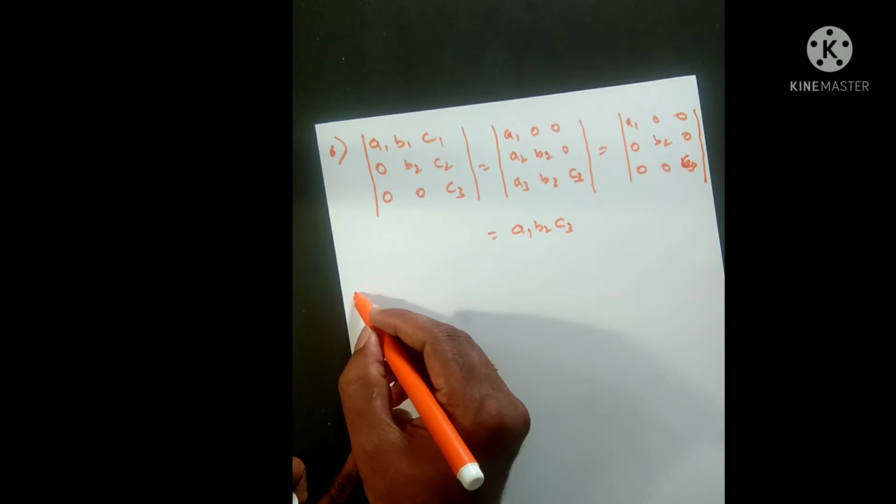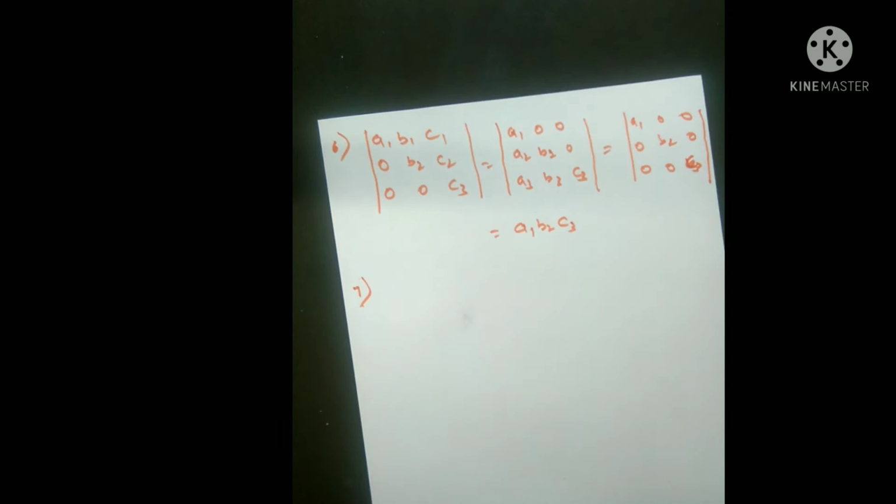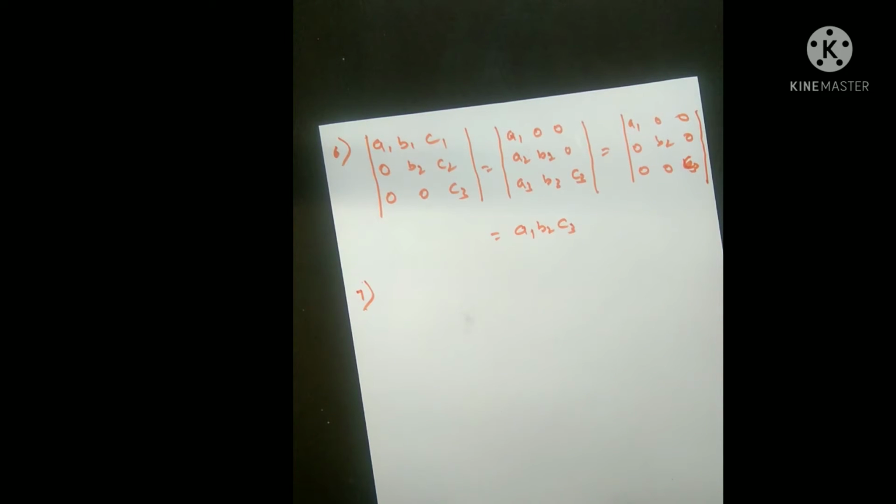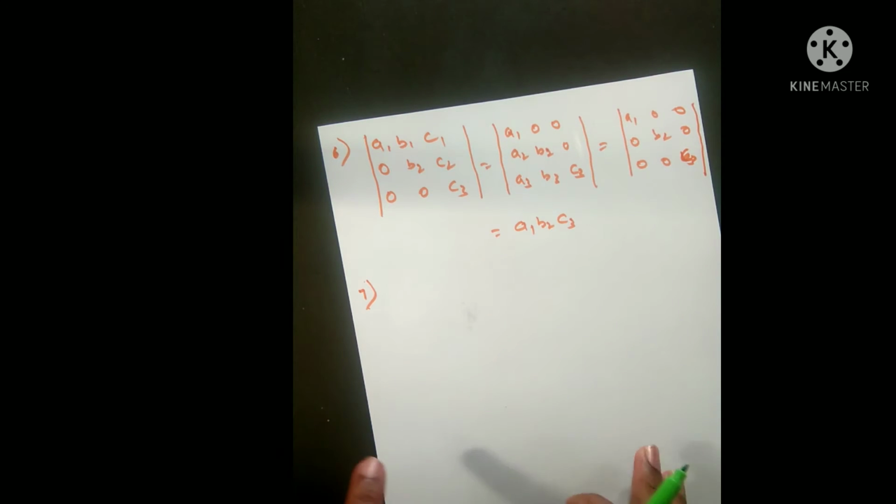Next, seventh property. If a determinant D becomes 0 on putting x equal to a, then we say that x minus a is a factor of that determinant. Let me take an example so you will understand.